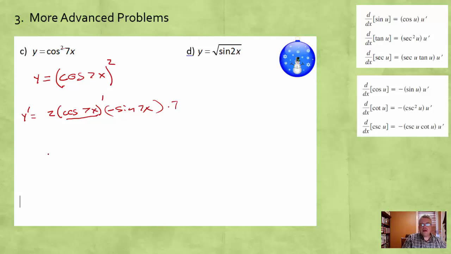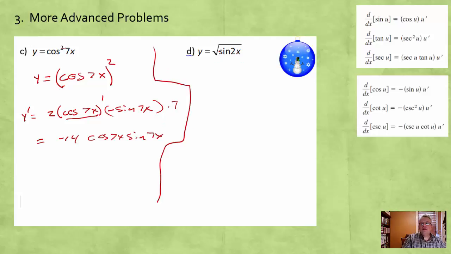So really, we kind of have the chain rule twice. 2 times the inside function times its derivative. But when we take the derivative of cosine 7x, we need the chain rule. Minus sine 7x times 7. When we put this all together, we have a minus 14 cosine 7x sine 7x.